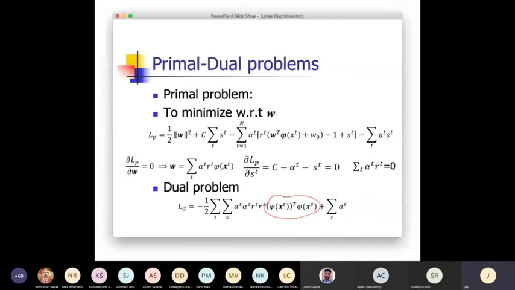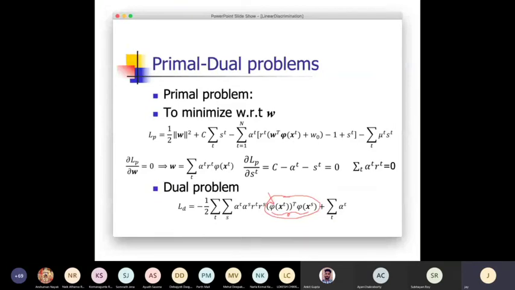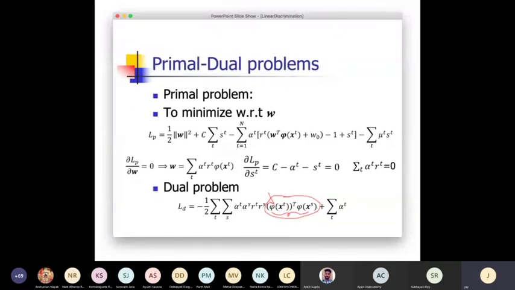The interesting part is that this transformation could be made implicit. That means what is required to solve this problem is to find out only this computation, this value only. So if I can get these values by some other means, I may not need to directly do this transformation for every feature vector. That saves me a lot of time, and it also gives a different flavor of solution to the problem formulation.